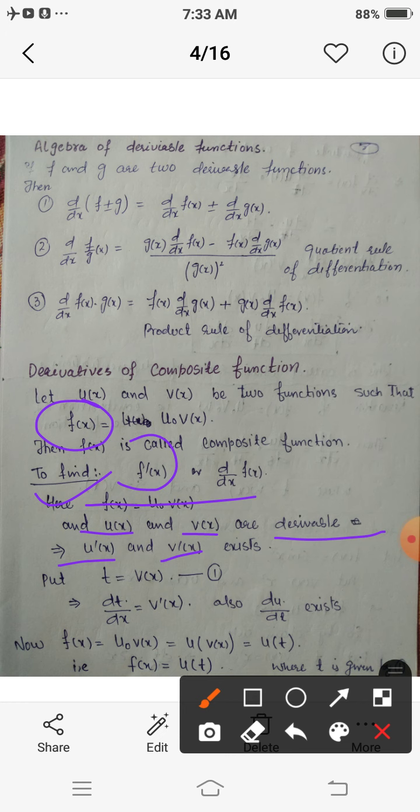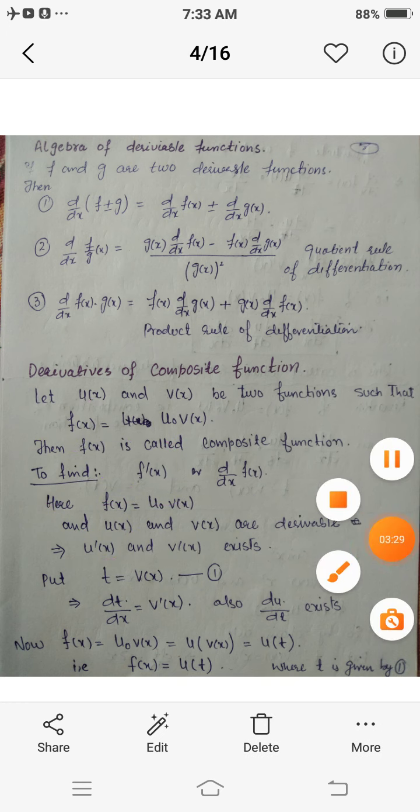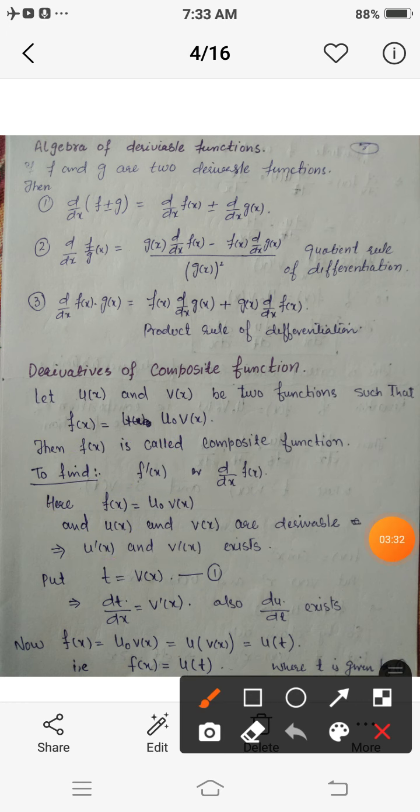Now if we put t equals v of x, because u of v of x is the composition of two functions. Here v of x is derivable at each and every point, which implies that its derivative with respect to x exists. Hence, by differentiating first, dt by dx is v dash of x.